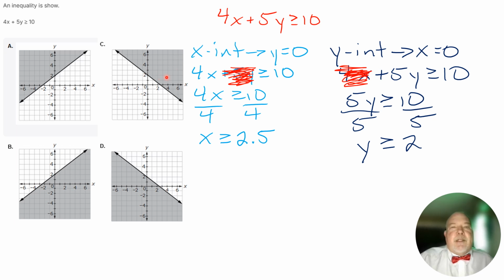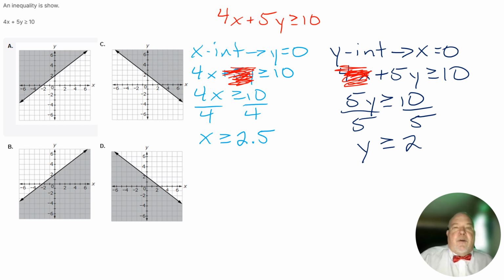Okay, so the difference between these is which side it's shaded on. So what we're going to do is pick a point and plug that into the inequality and see if that point is a solution to the inequality, meaning, does it make the inequality true? The easiest point to plug in is 0, 0. So if you can plug in 0, 0, that's what I would recommend.